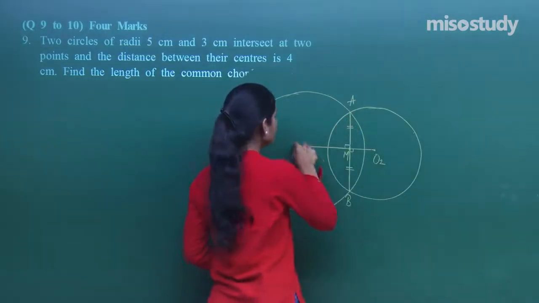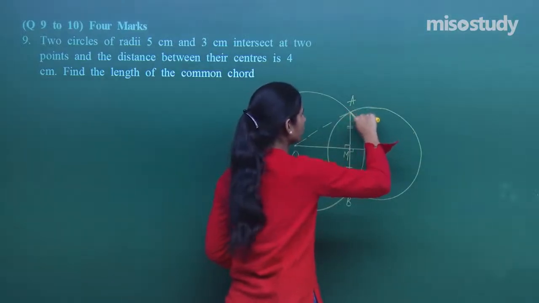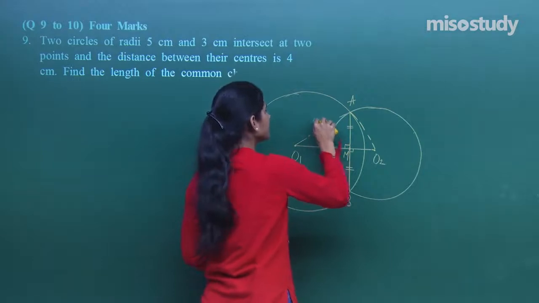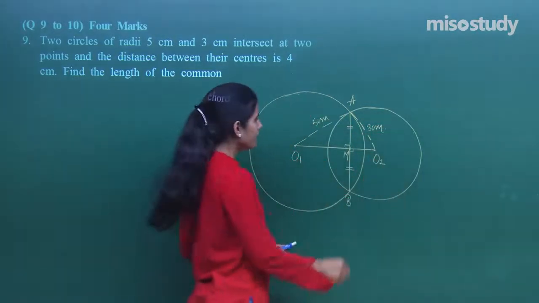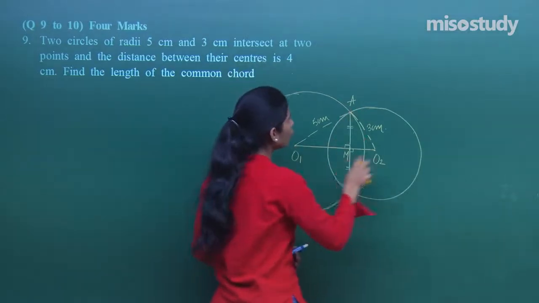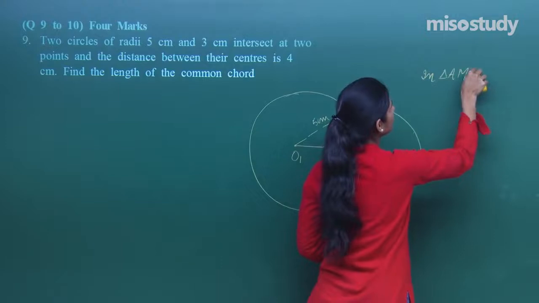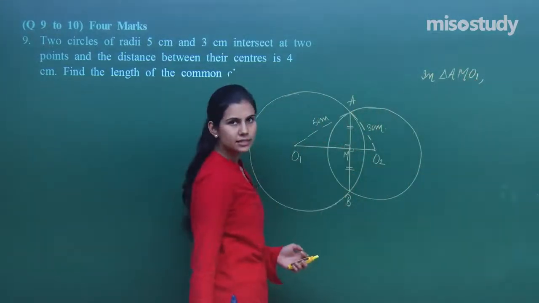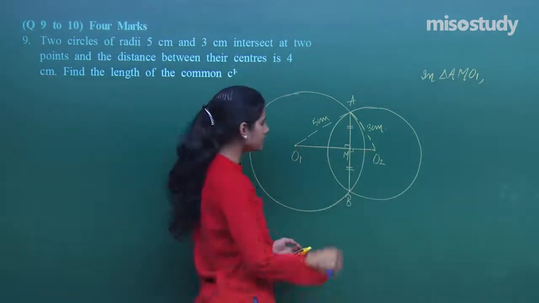Clear? Now what you do, you join this and you join this. This is 5 centimeters, here it is 3 centimeters. If I talk about the triangle AMO1, this is a right angle triangle. I just told you this is 90 degrees. Now what you are given is that the distance between the centers is 4 centimeters.